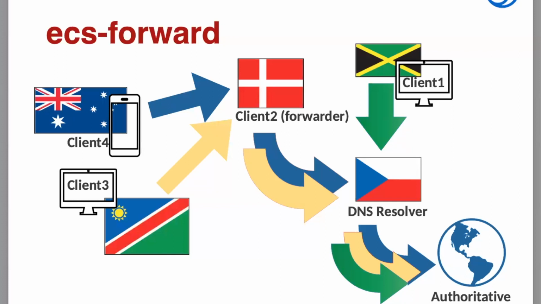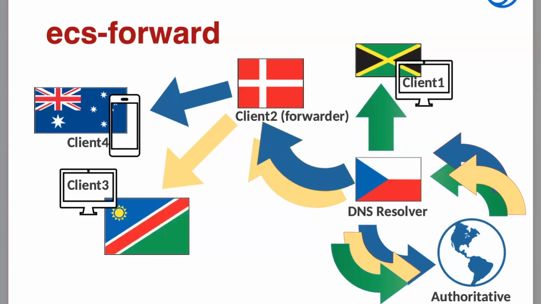And then this is the replies coming back. I've still got client 1 that isn't sending any ECS of its own, and so we used its location when we queried authoritative. But in the case of the queries that come from client 2, it put ECS options on the queries it sent to us, the DNS resolver.